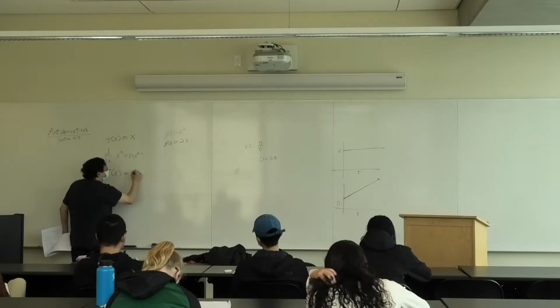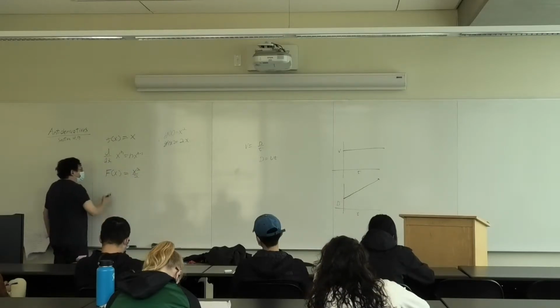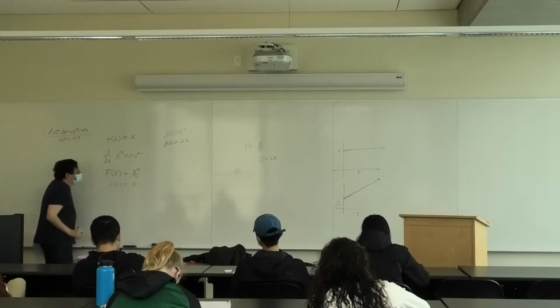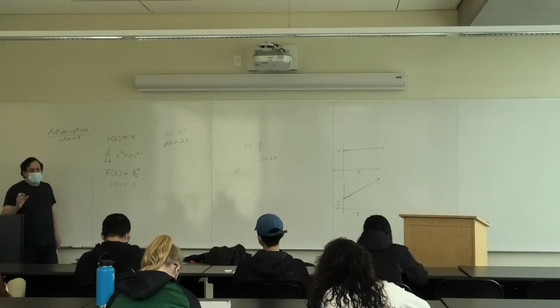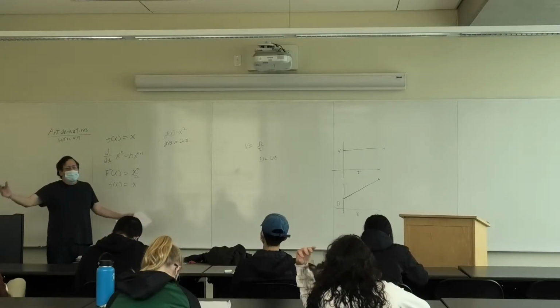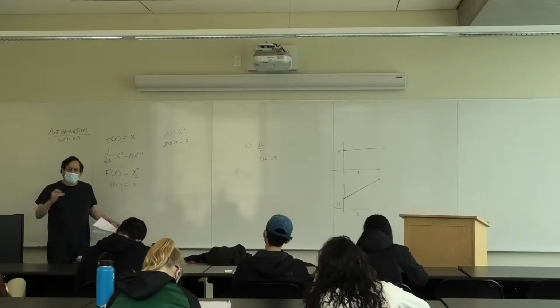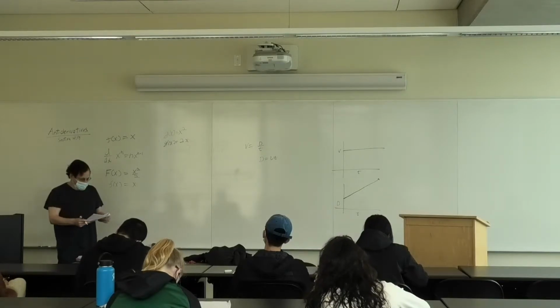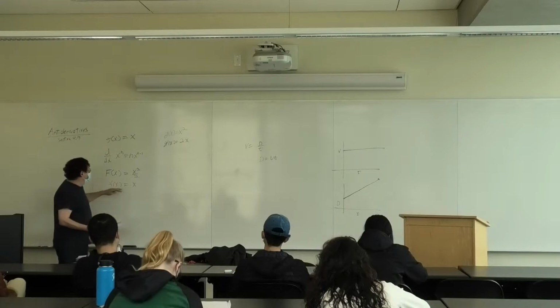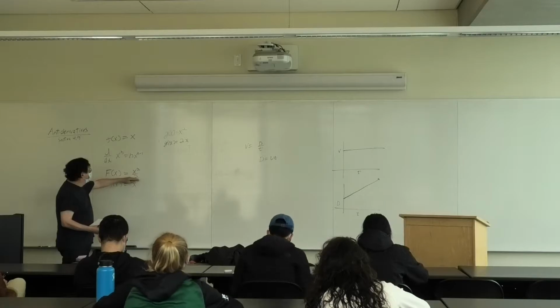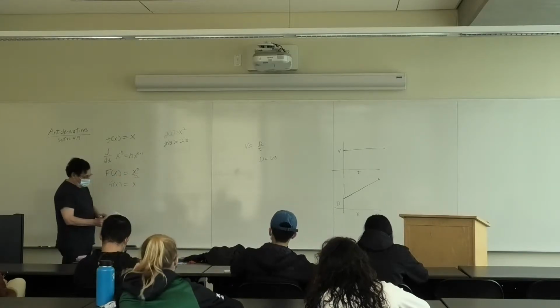If we start with x squared over 2 and find its derivative, sure enough, it's just what we wanted. So that's it. We get a lot of antiderivatives for free because we already know a lot of derivatives. We just have to look at what we know and work it backwards. And hopefully we just have to modify a constant here. In this case, we replace this with a half.